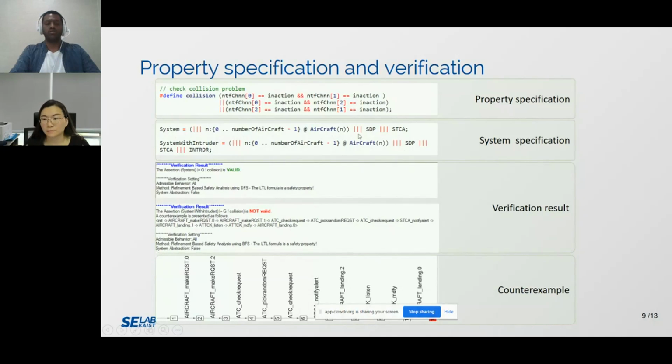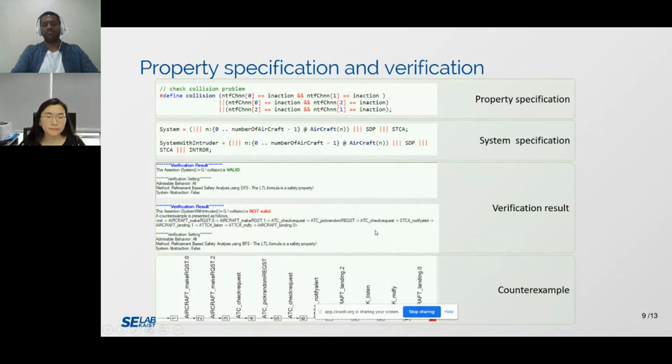All these systems are specified with a limited scope, focusing only on the security aspect of the system. Then we ran the model checker to see whether these specific properties hold, and this specific property represents whether collision exists or not in the system. So we can get verification results.